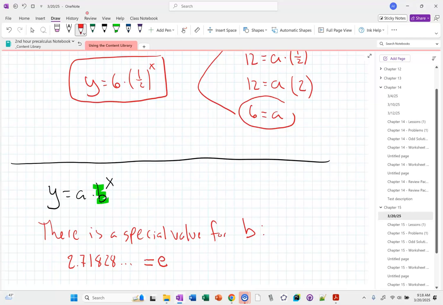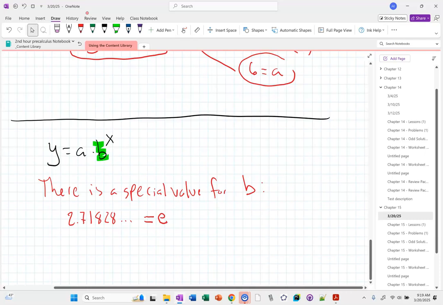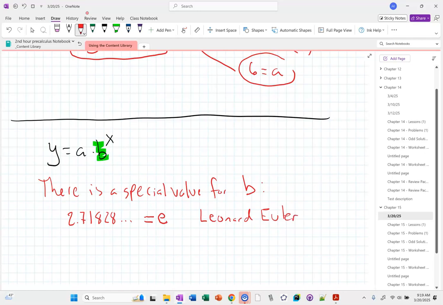We've given that number the name E after a mathematician. It's named after the mathematician Leonhard Euler, who was a 1700s mathematician and did a whole bunch of really important foundational work in algebraic areas.